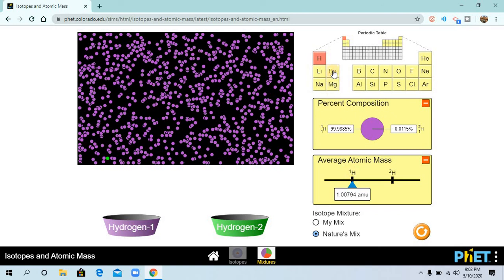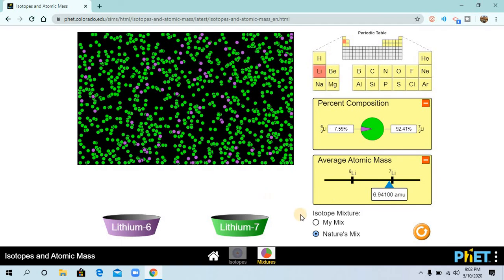Similarly, you can go with lithium. This is the nature mix. See here, lithium-6 and lithium-7. Lithium-6 is around 7.59 percent, and lithium-7 is 92.41 percent.